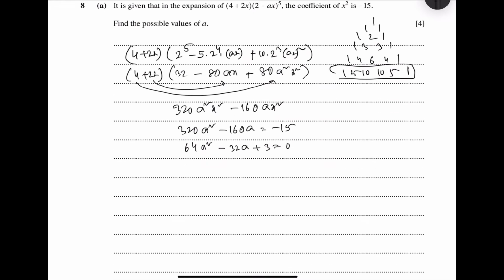Now let me do middle term factor. 64a squared minus 24a minus 8a plus 3 equals 0. So if we simplify more, 8 will be common. 8a minus 1, 8a minus 3. So that is a equals 1 by 8, and then a equals 3 by 8.